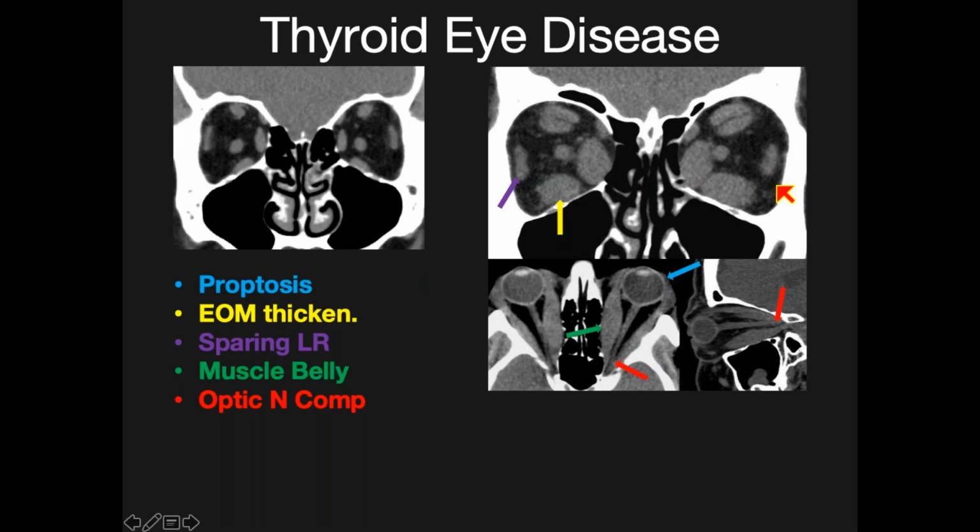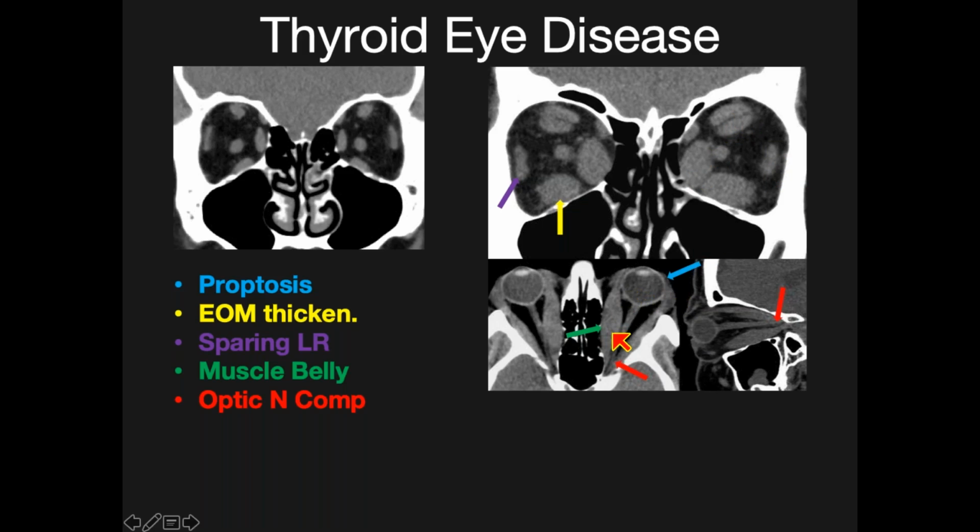So thyroid eye disease involves thickening of the extraocular muscles. These are the normal muscles, abnormal muscles, and they follow a certain pattern. This is the inferior rectus, the superior rectus, the medial rectus, and it spares the lateral rectus.